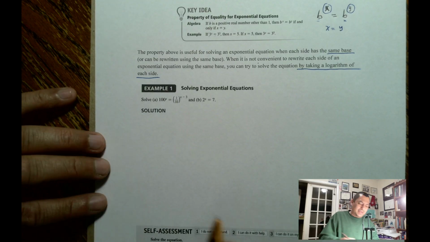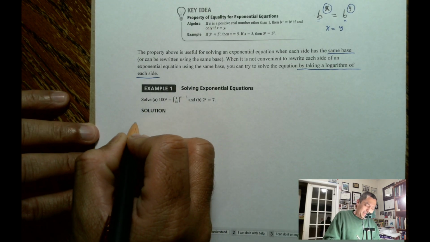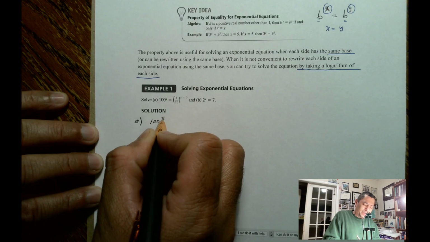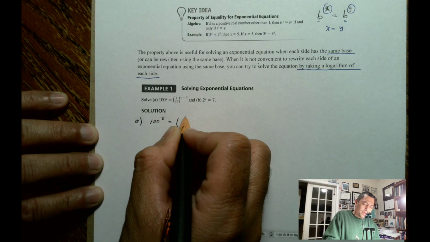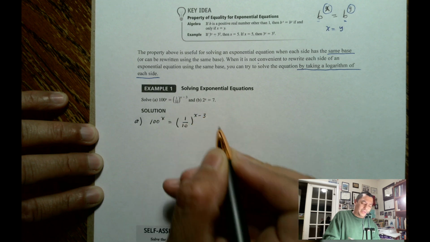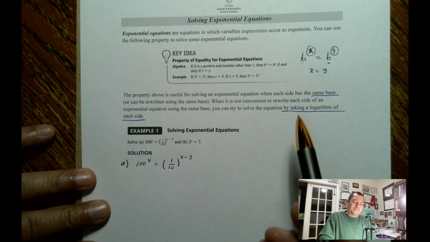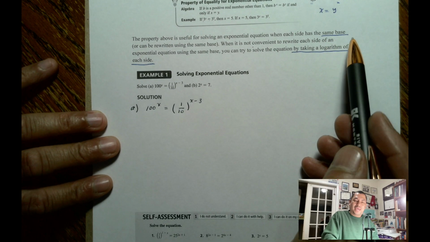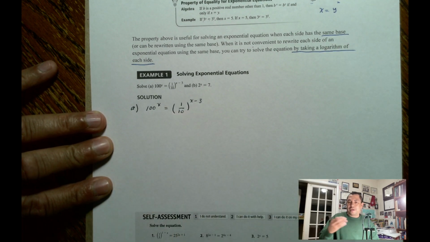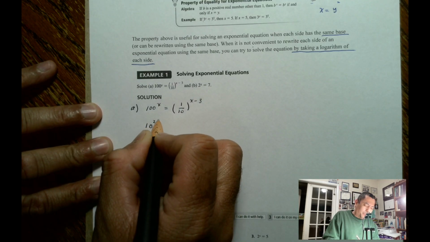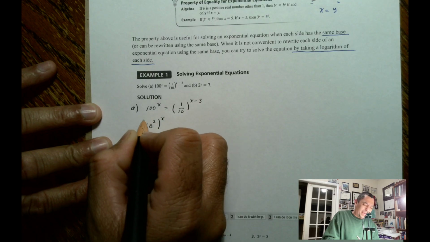Example number 1. I have 100 to the x equals 1 over 10 to the x minus 3. I'm going to take the first route. We're going to try to have the same base. I'm going to start with 100. I know 100 is 10 times 10, which is 10 to the second power, and I'm going to open a parenthesis to the x.